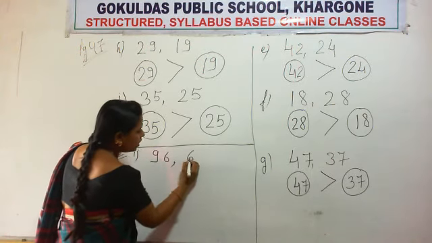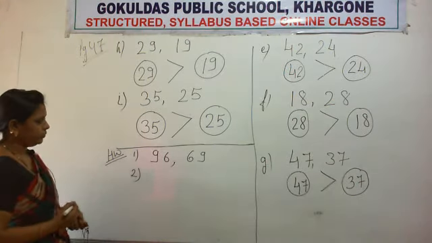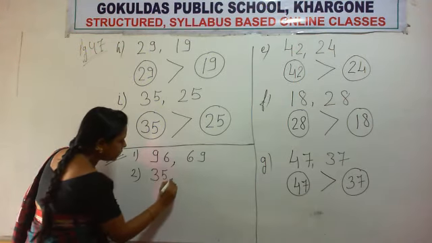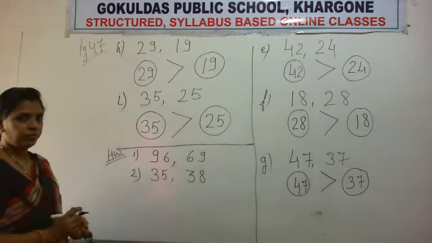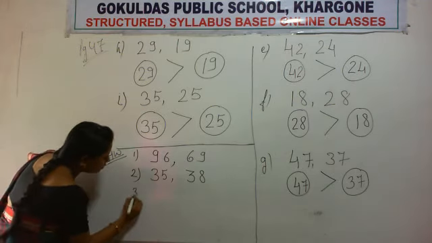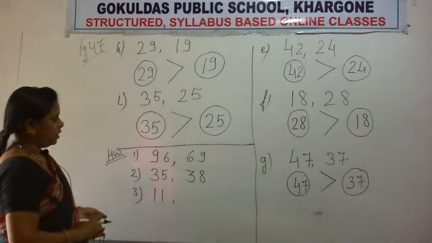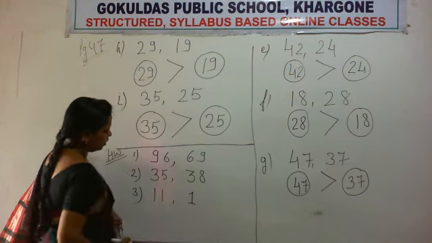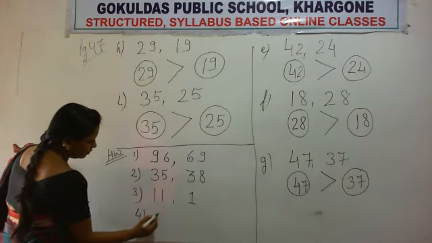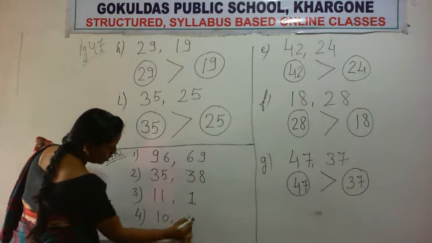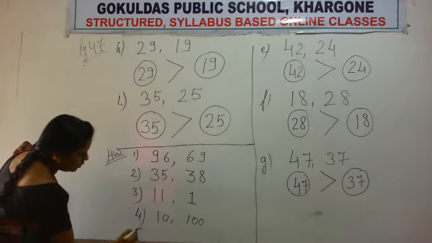First, 96 and 69. Second, 35 and 38. Write the third question: 11 and 1. Fourth question, 10 and 100, and the last question, 50.